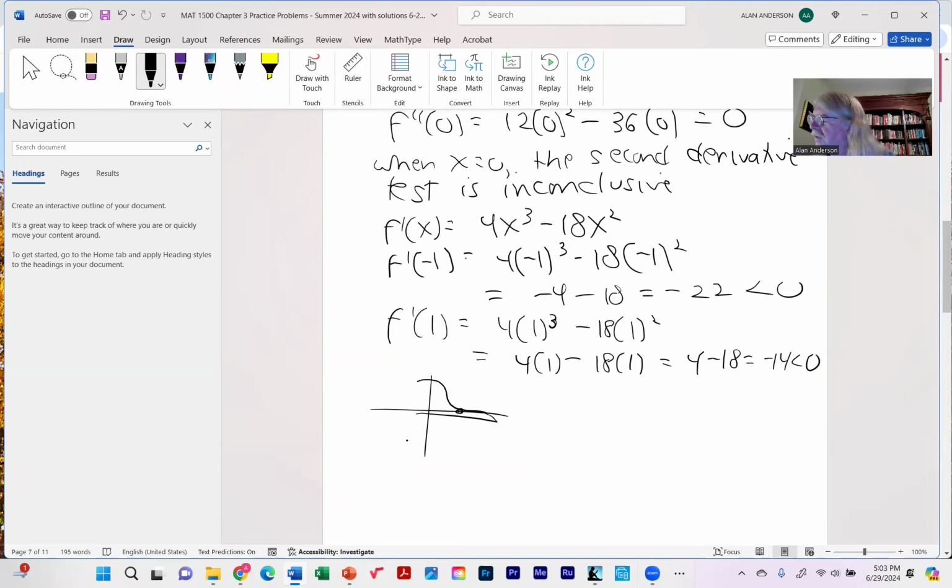Say the function keeps going like this. We had a few graphs like this in the slides. So that means the critical point 0, critical value 0, is neither a maximum nor a minimum.